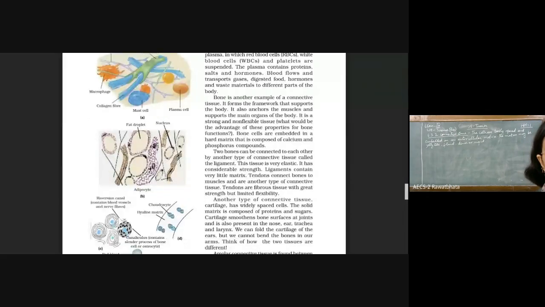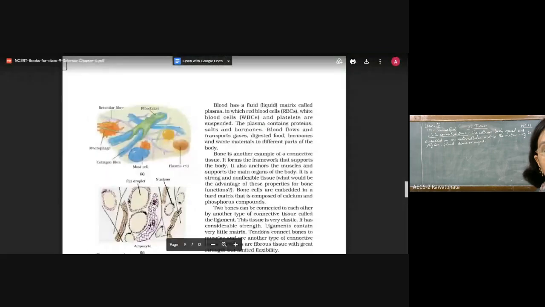Now let's continue understanding the first type, that is the blood. Let's see what we need to understand about the blood.